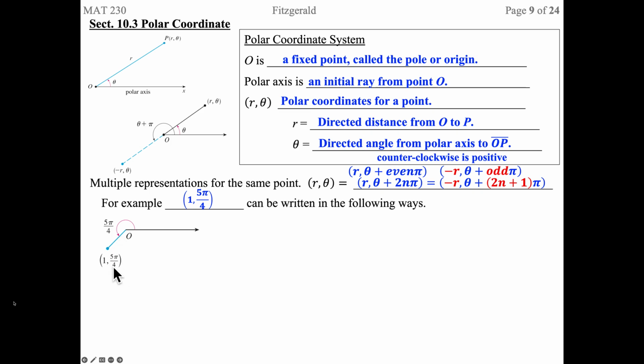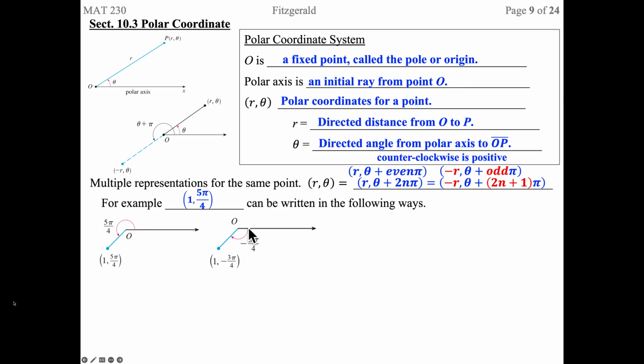So if we wanted to, let's subtract 2 pi. So I go here and I go 2 pi in a clockwise direction, which would be subtracting 2 pi or adding a negative 2 pi. And that would get me to (1, negative 3 pi over 4).